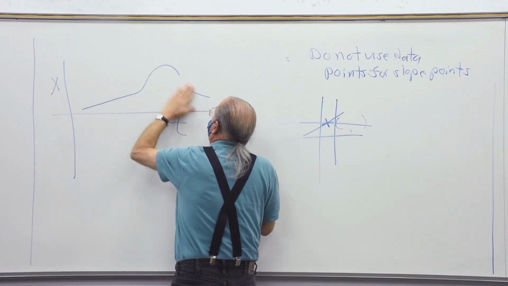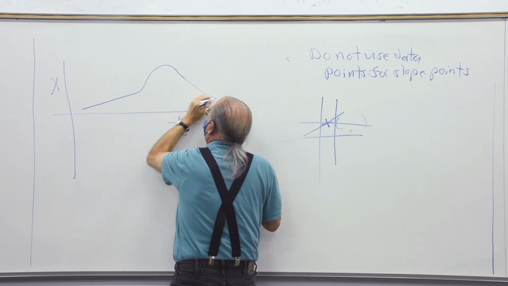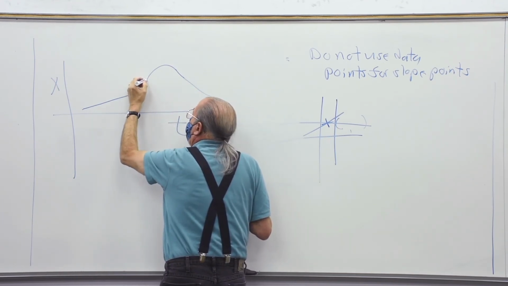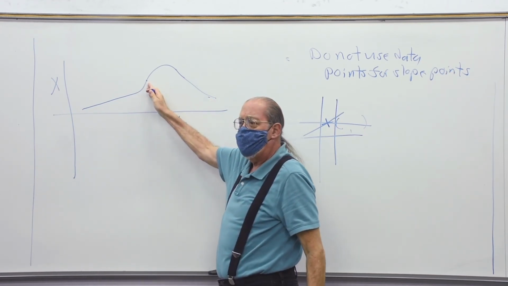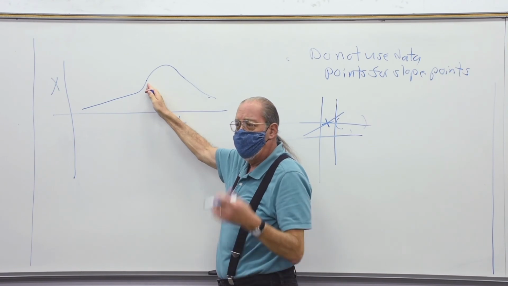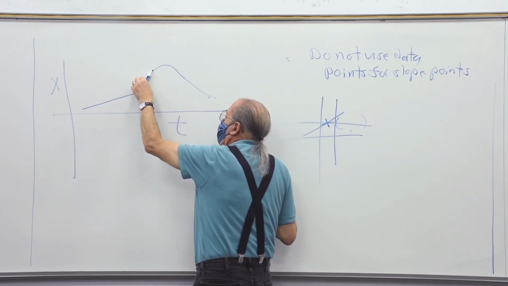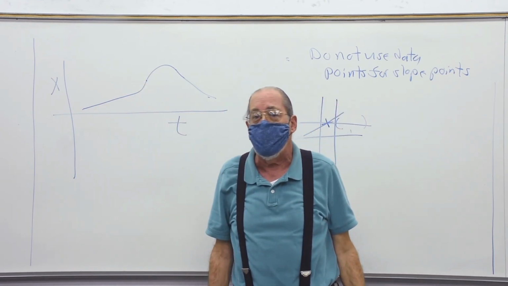And then the question was, where was it moving fastest? Well, that's wherever it was steepest, I think it was 27 and a half seconds. Right around here, it's going fastest. The question was, is there any place where the velocity is 0?